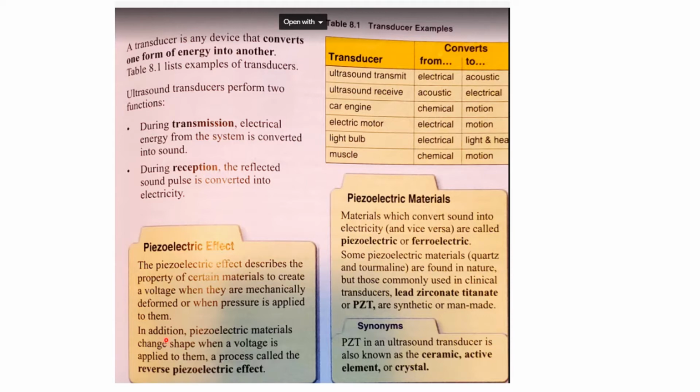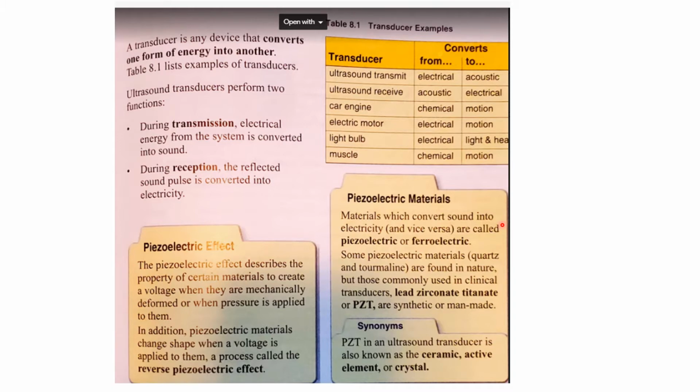When it comes back, the piezoelectric materials change shape when voltage is applied to them, a process called the reverse piezoelectric effect. Together they make the transducer.